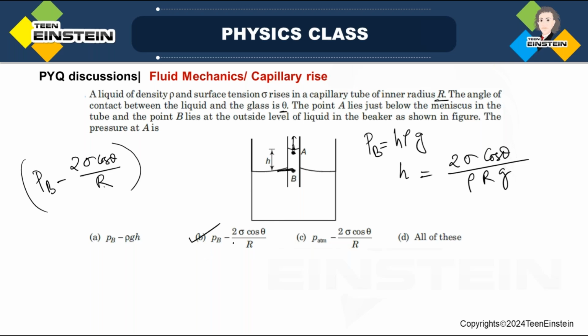I think PB minus H rho G, atmospheric pressure minus this, is also true. Let me just cross check once.